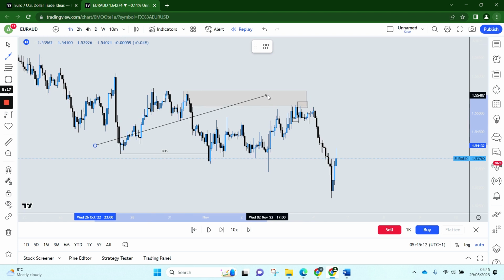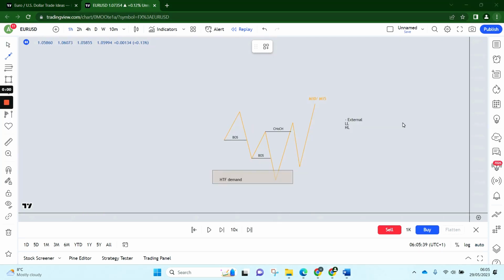Number four, we wait for the internal structure to switch bearish. And then number five, we enter off that lower time frame supply, and we put our take profits at areas of liquidity, areas of imbalance, or areas where a new higher time frame lower low will be made in this downtrending market. Let us have a look now at our bullish change of character model.